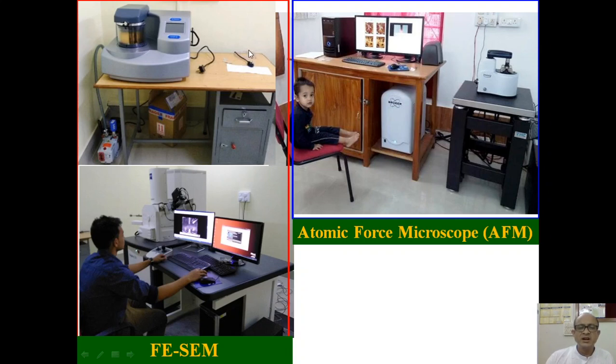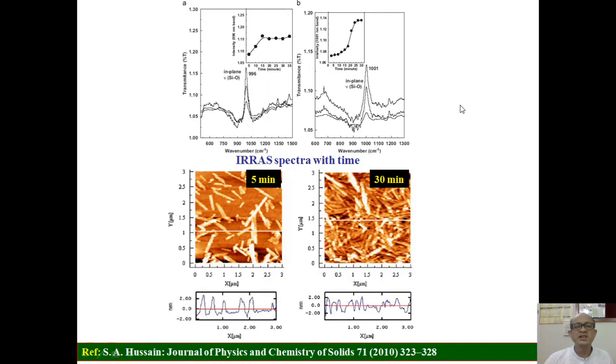Similarly, one can have an idea about the floating systems or reaction systems through imaging, and in that case one can use AFM or FSM. Here one has to deposit the films at different times and image, and one can see the difference. Both these instruments are already available in our department.